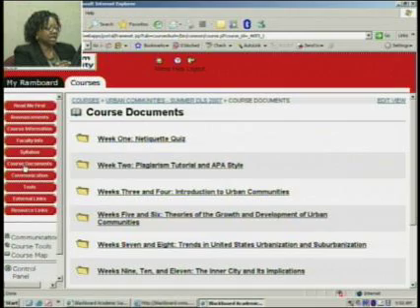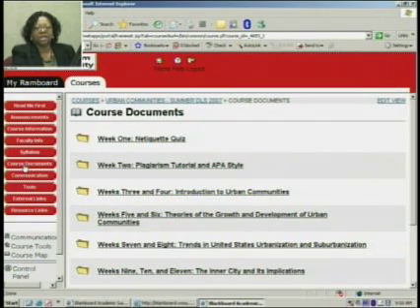All right, your course documents. The first week you'll do a net quiz, and that net quiz has to do with getting you comfortable talking and chatting on the internet or on the web with your classmates. And the idea there is that there are rules of etiquette. Just as there are rules of etiquette in life, social and otherwise, we have rules of etiquette on the internet, and that net quiz will allow you to take a little short 10-question quiz and then read a short article about the do's and don'ts.